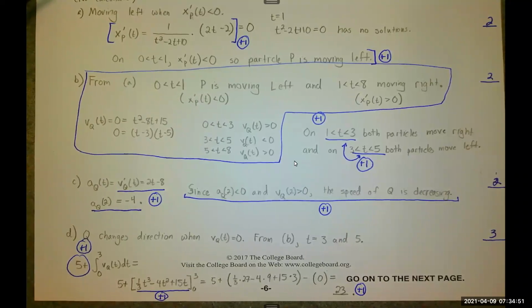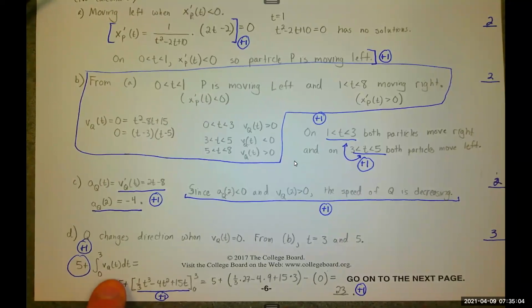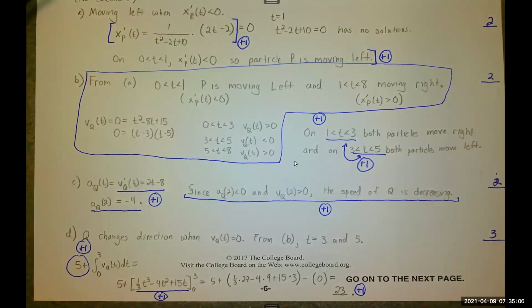We don't have a position function. We can actually get a position function, but let's say we couldn't. We could still integrate 0 to 3. We just have to use our calculator. This is unfortunately non-calculator. So we know that we must use an antiderivative for v sub q of t.